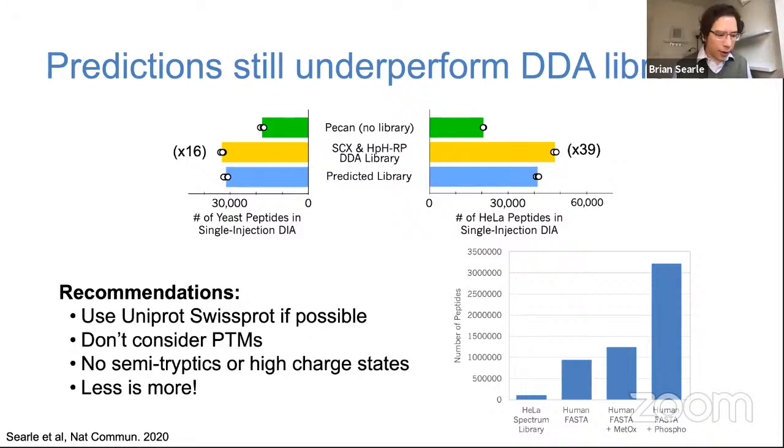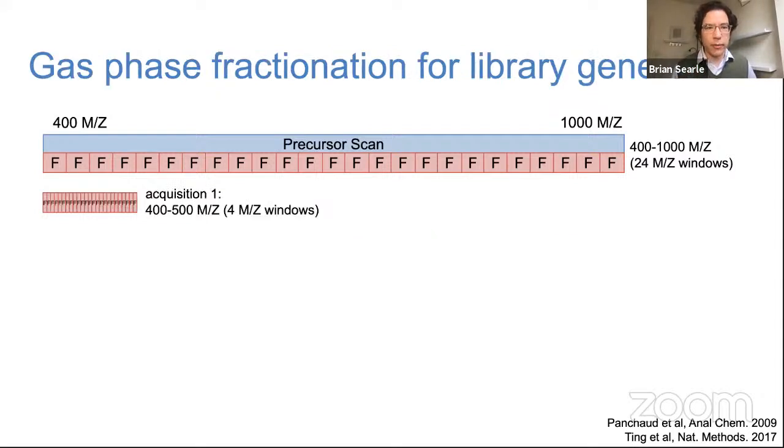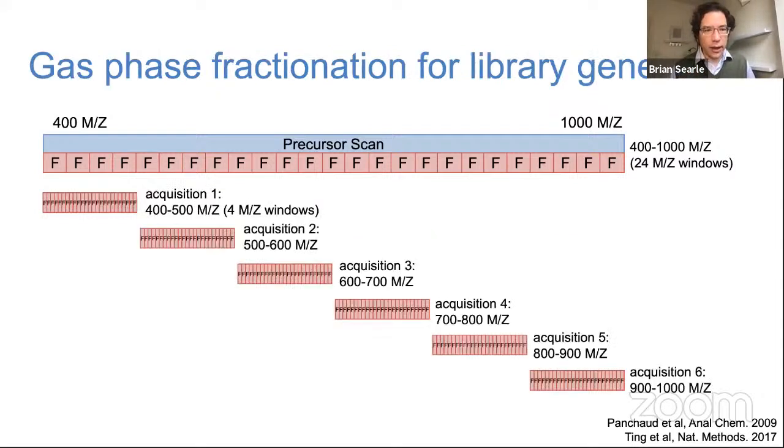But we've started to work on this approach of trying to make it a little bit easier to analyze this type of data, where instead of trying to think about gas phase fractionation for 2 acquisitions, we have increased this a little bit more, where we're doing 6 different fractions over time. So we're doing 1 fraction acquisition, a second acquisition, so 6 injections for this sample, in which we can analyze the sample with a huge degree of accuracy, with very narrow precursor isolation windows.